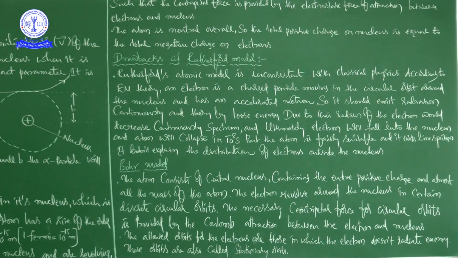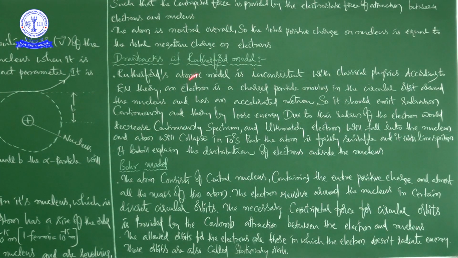How to calculate it? From the first chapter, electrostatics, Coulomb's inverse square law. And centripetal force is F equals mv squared by r. So for the electrons to revolve around the nucleus, the centripetal force is provided by the electrostatic force of attraction between electrons and nucleus.